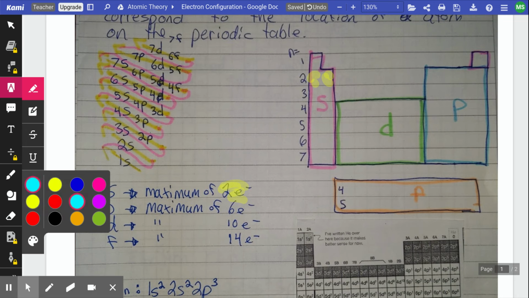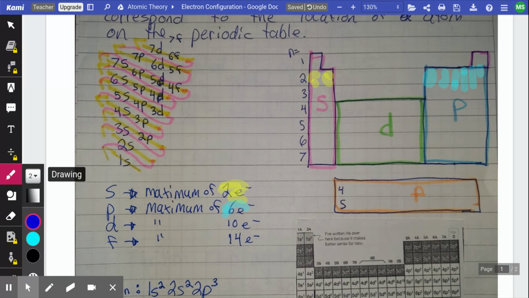The p orbital can hold 6, and that should make sense because if you count the groups across the P block, there are 6 columns. Across the D block, there are 10 columns. And in the F block, if you count, there are 14. So the maximum number of electrons that can fit in an orbital corresponds to the size of the block on the periodic table. So you always should be able to remember.